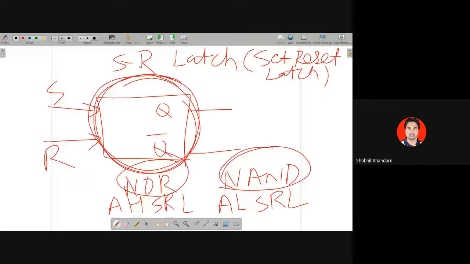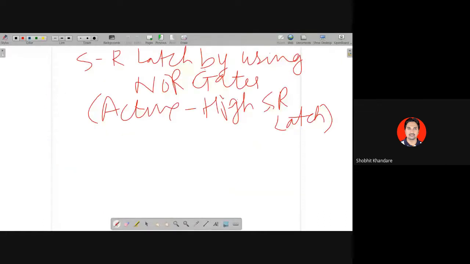सो आपने वही लिखा है, that if I am using NOR gate, then it is active high SR latch. Now see the connection of NOR gate. Please, you can draw along with me. This is very important. Draw along with me.